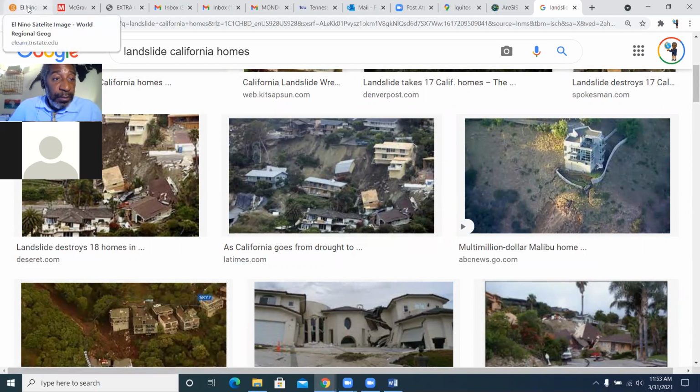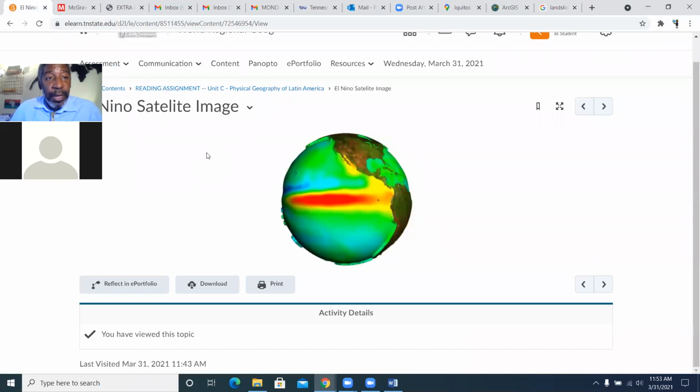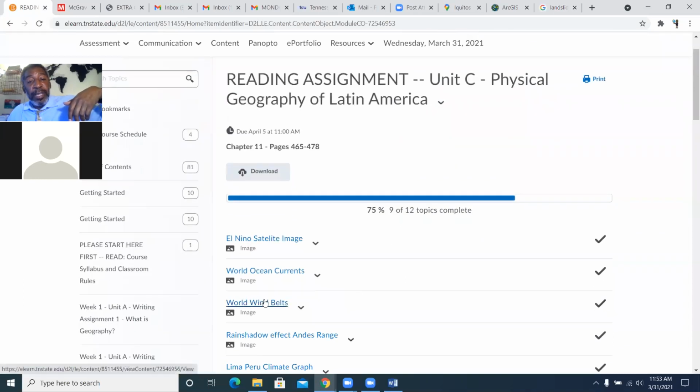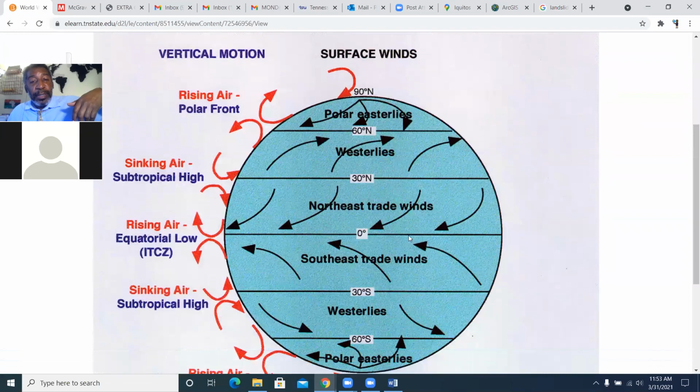So El Nino does affect parts of North America in that way, in a bad way, but in a good way, because El Nino results in the reversal of the trade winds, it mitigates the impact that hurricanes have upon North America.